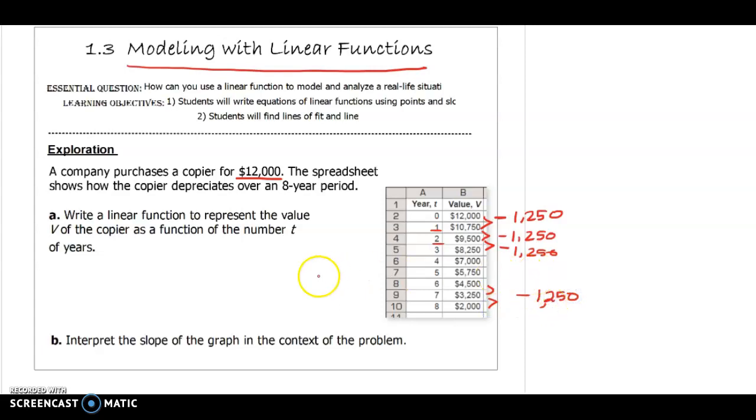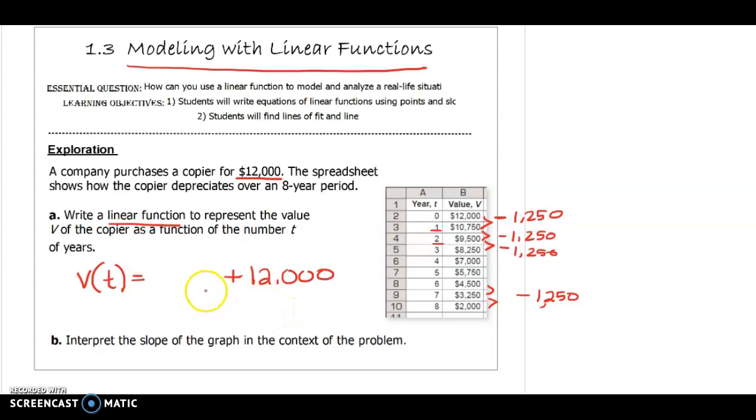So on and so forth, they go down $1,250 a year. All right, so we want to find the equation of a linear function that represents this. So we could say the value with respect to time, so v of t equals, well, we start at $12,000. So it's going to be something plus $12,000.